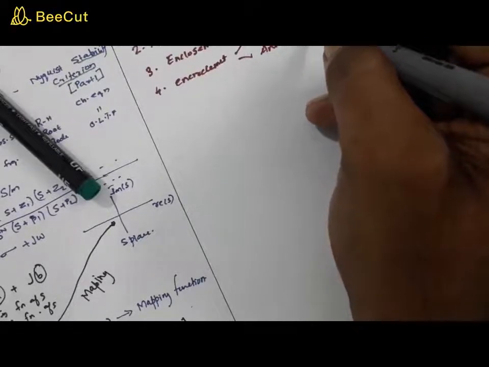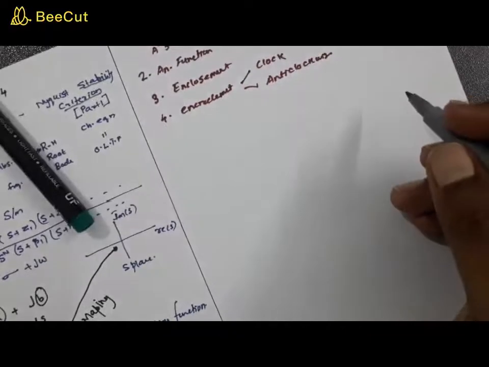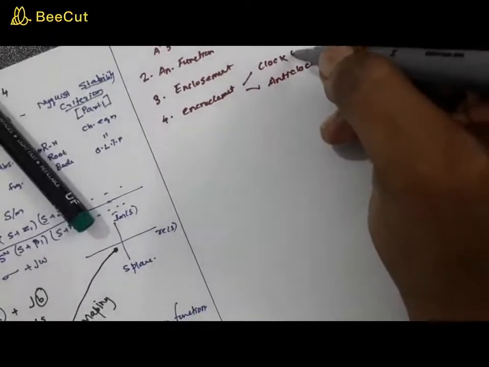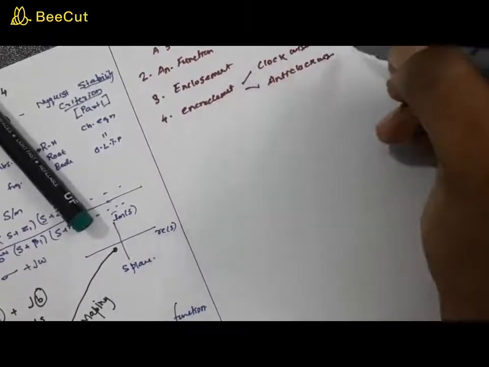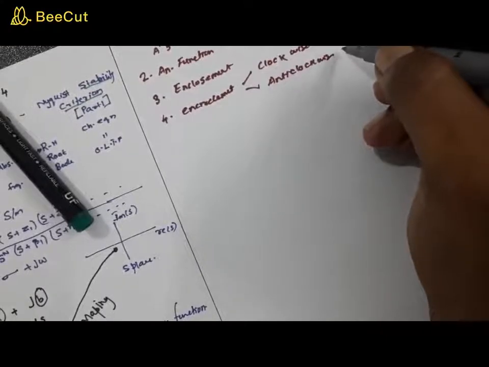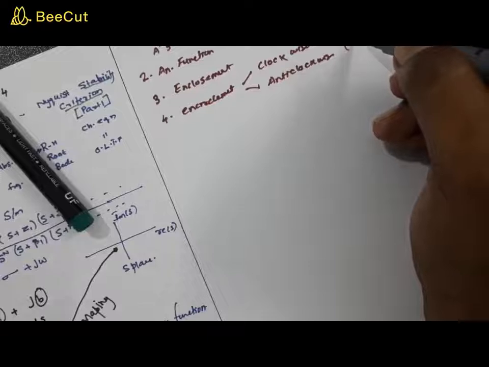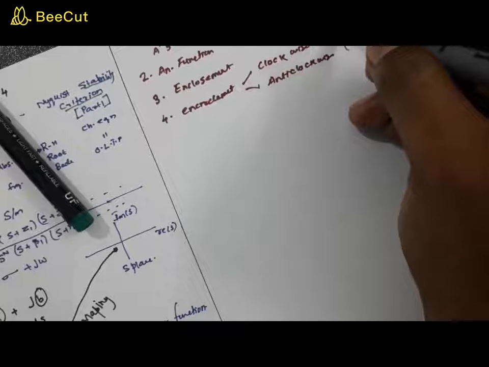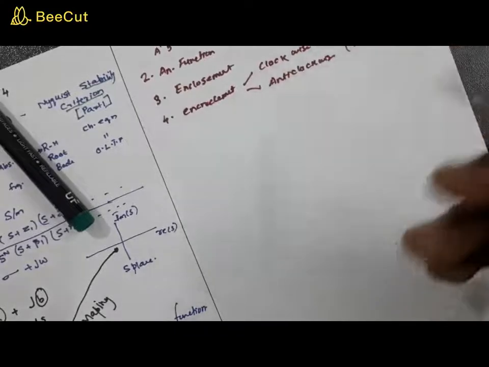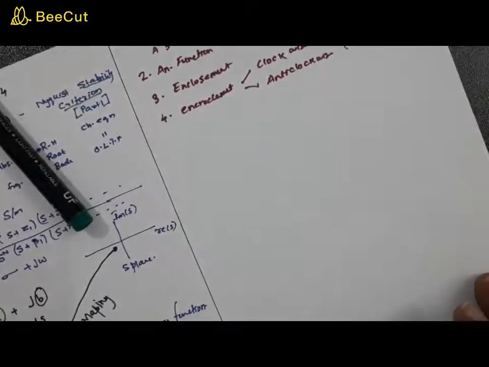So far we have taken clockwise as negative and anti-clockwise as positive. Here we are following anti-clockwise as negative and clockwise as positive. There is nothing wrong in interchanging that; I'm simply following what I found in the textbook.